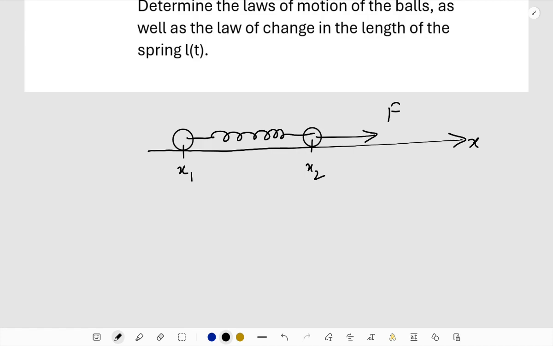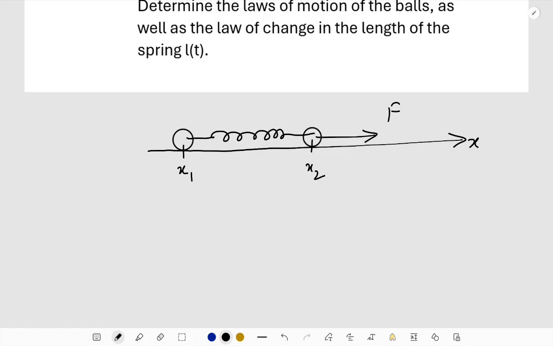We know that during the motion of the balls, spring forces act on the balls, and we will assume that the spring is massless.